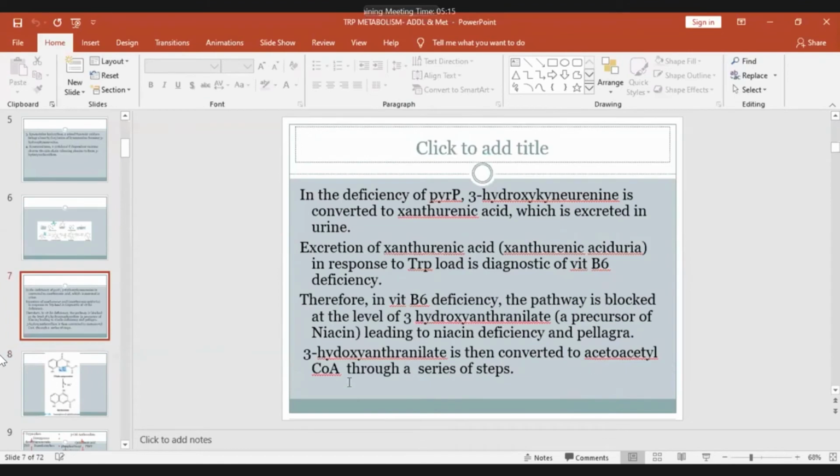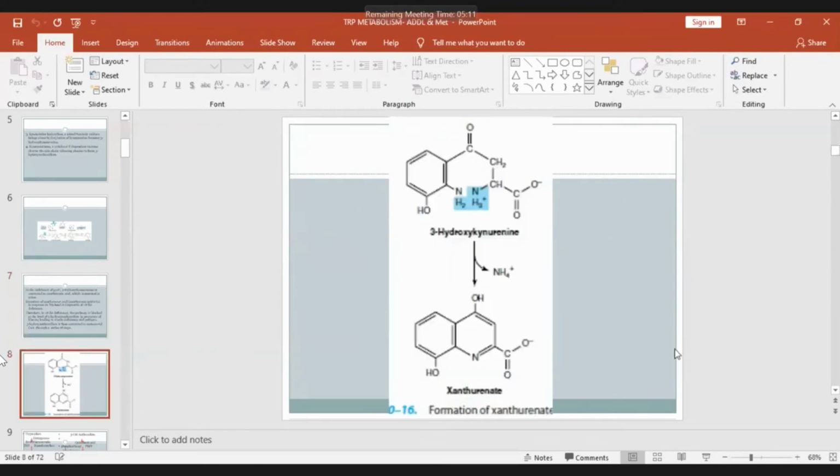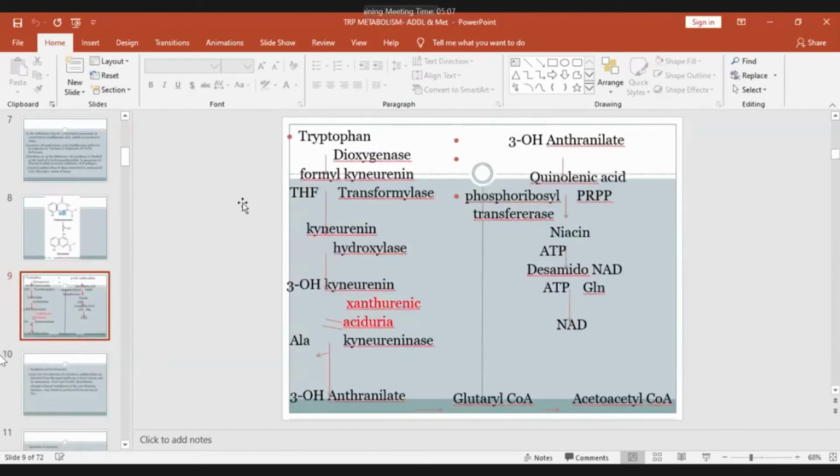3-hydroxyanthranilate is then converted to acetyl-CoA through a series of steps. The subsequent steps you need not worry about. So tryptophan is acted upon by pyrrolase or dioxygenase, forming formyl kynurenine. The formyl group is accepted by tetrahydrofolate, and then what is formed is kynurenine. It is acted upon by kynurenine hydroxylase, forming 3-hydroxy kynurenine.